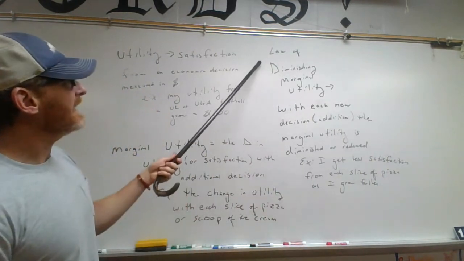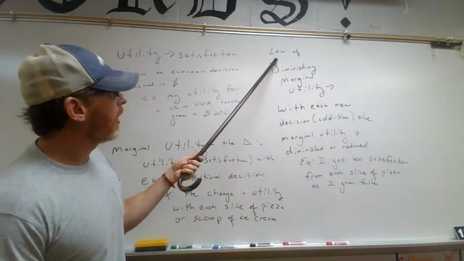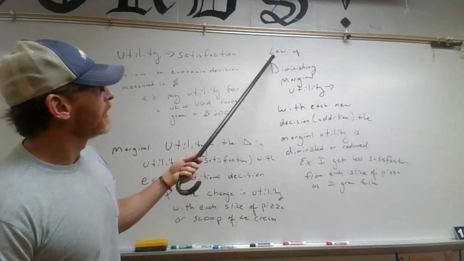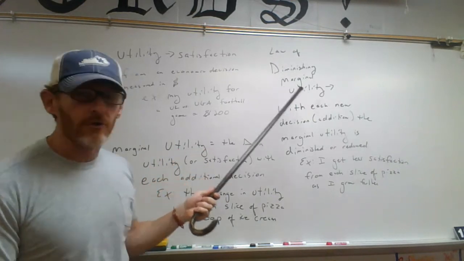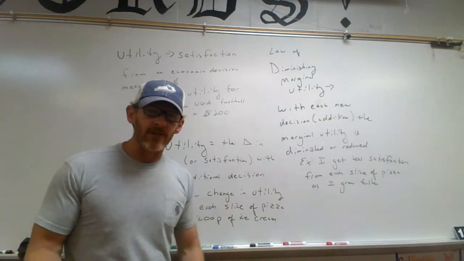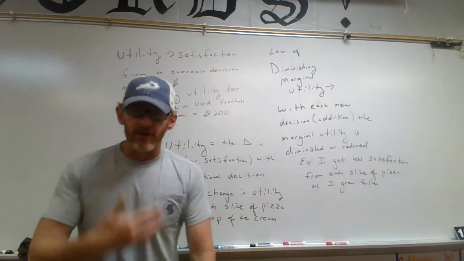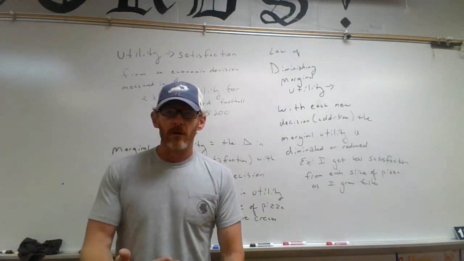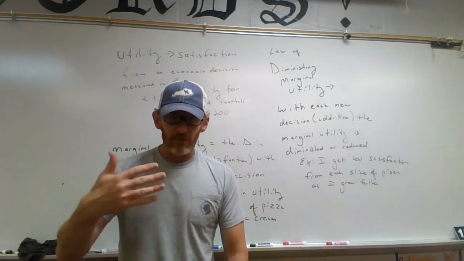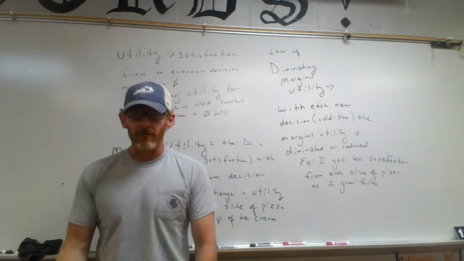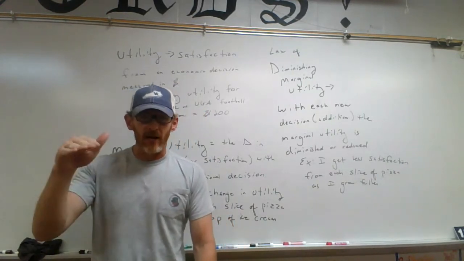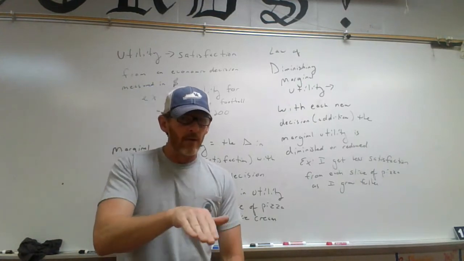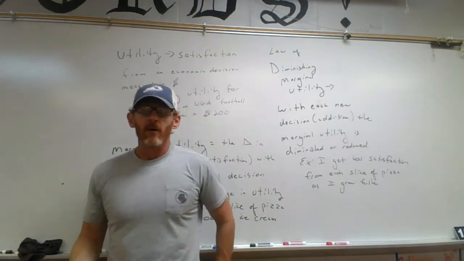And what that leads us to is what we call the law of diminishing marginal utility. What that means is when we do the same thing over and over and experience the same thing over and over, our utility goes down with each additional one. So like that football game, the Georgia game, right?